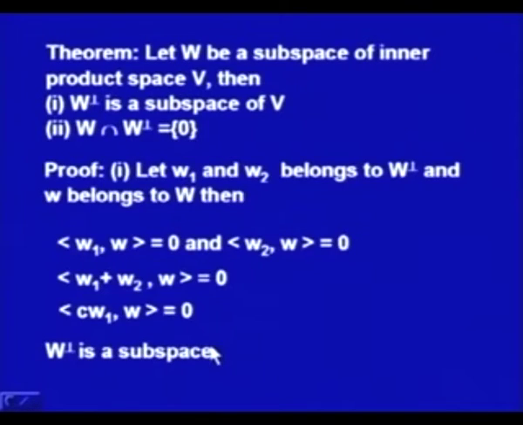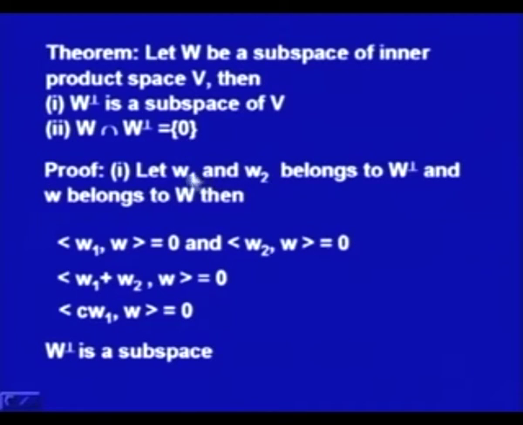Now, let W be a subspace of inner product space V, then W perpendicular is a subspace of V, and W intersection W perpendicular is 0. This is really an interesting result, that W intersection W perpendicular is 0.